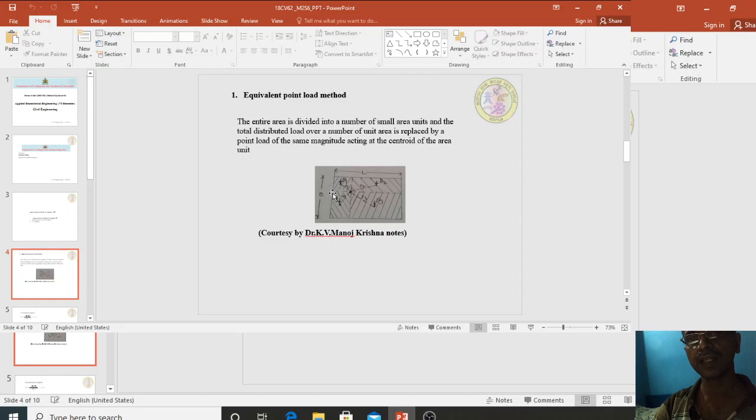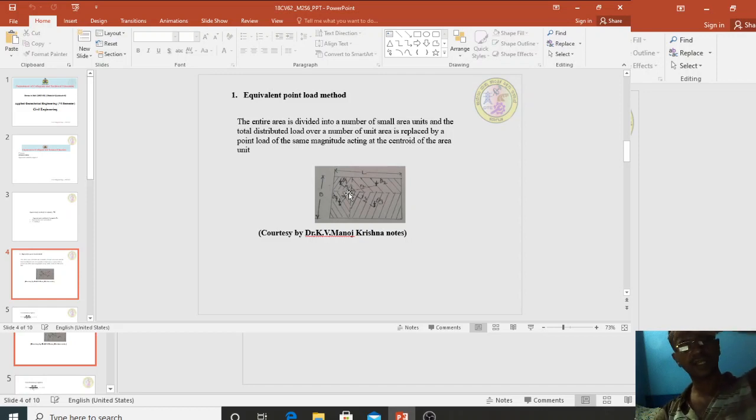Calculate this area. Once you calculate the area, the total load intensity multiplied by the area will give Q for this particular area unit. Call it Q1.